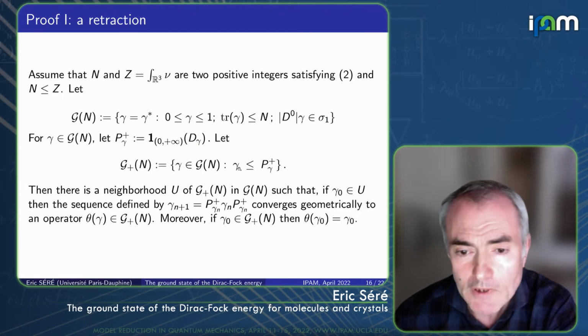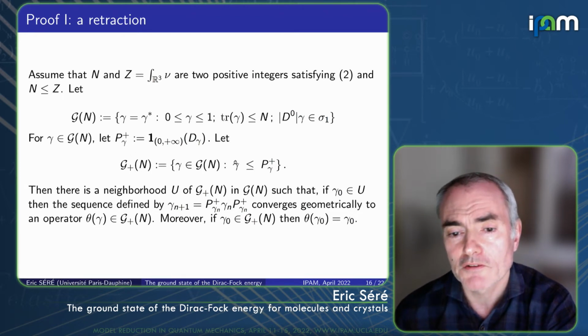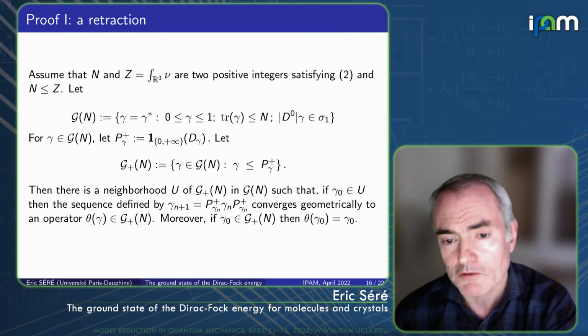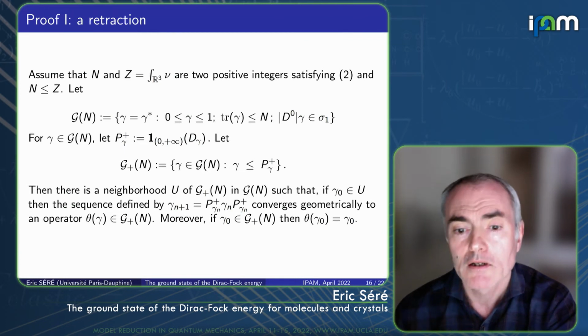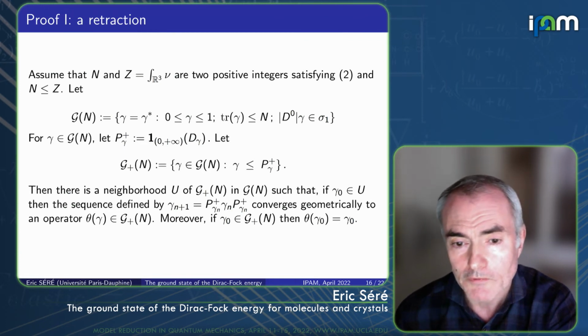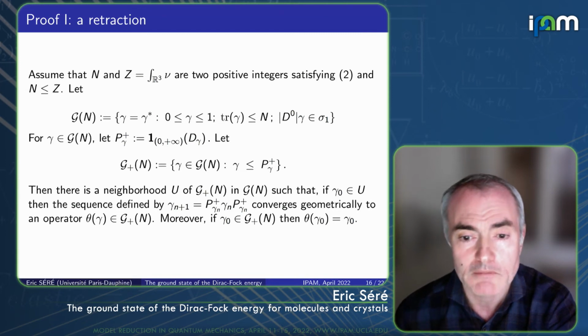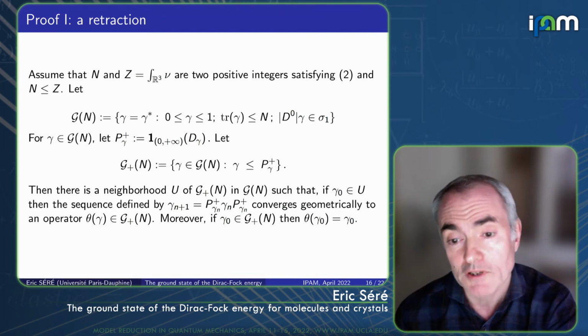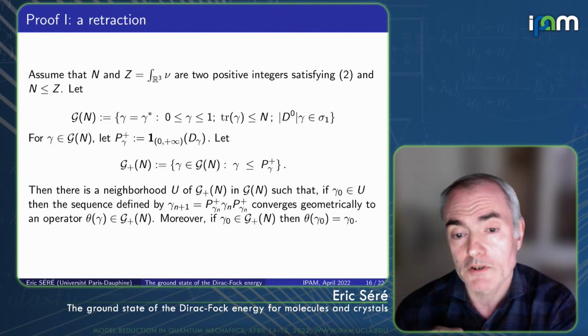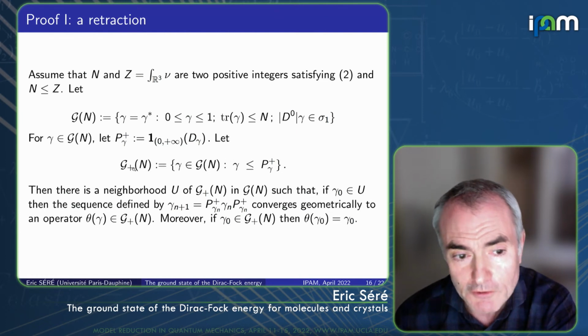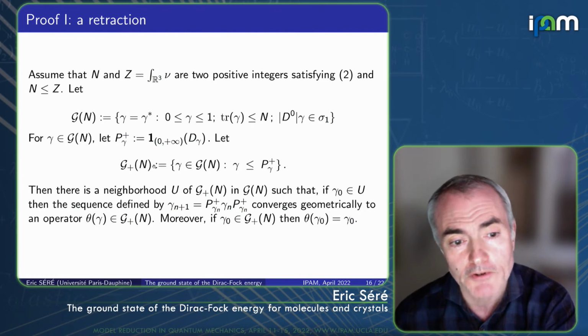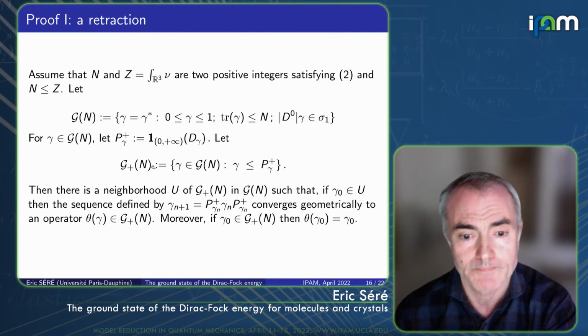So it's not the self-consistent equation we want to solve, but it's a part of it. It says that the wave functions in the range of gamma are orthogonal to the Dirac sea in the field generated by gamma. Okay, so it's a nonlinear condition. So now this G plus of n is no longer convex.